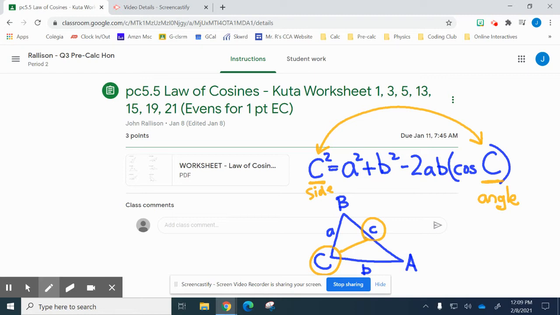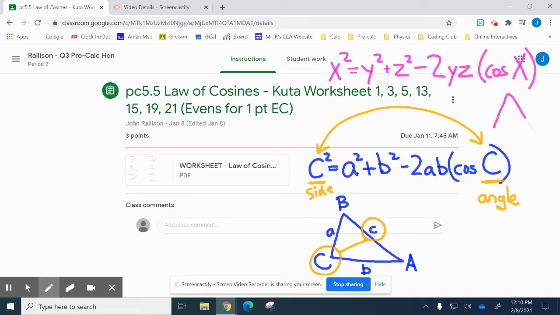That's the main point. When you set these things up, the letters mean whatever you want them to mean. You could say x squared equals y squared plus z squared minus 2yz, and then you've got to do cosine of that opposite angle, right?